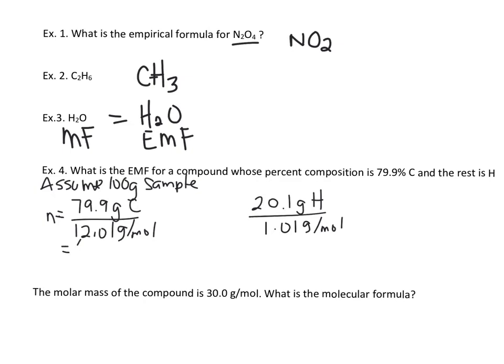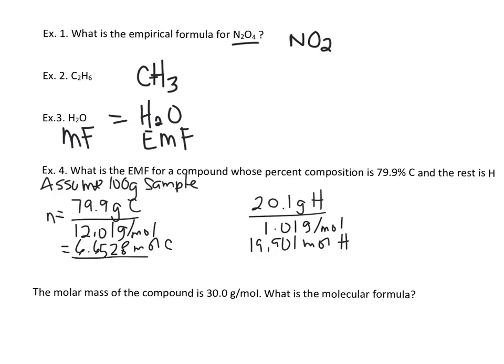So 6.6528 moles of carbon and 19.901 moles of hydrogen. Now we found the number of moles, now we need to find the mole ratio. So which one of these is the smallest number? Well, it's the 6.65.